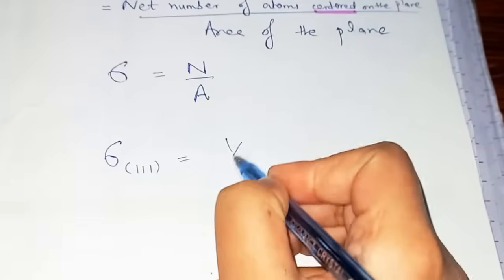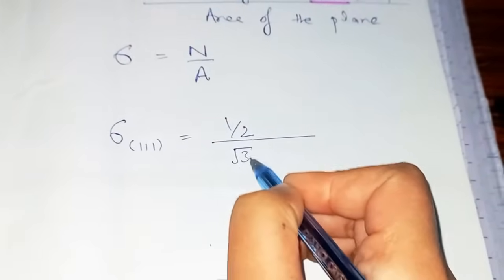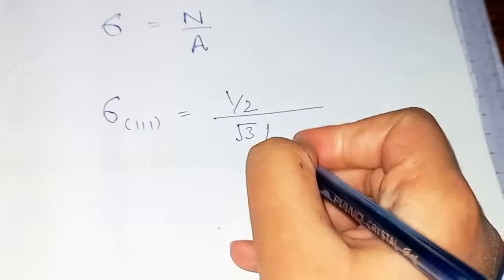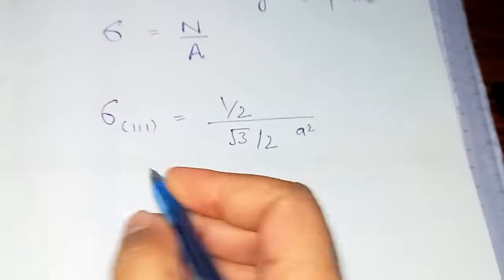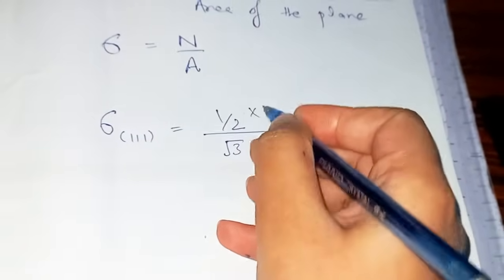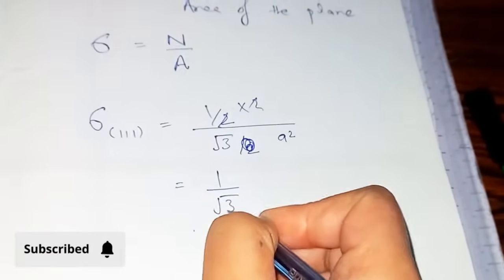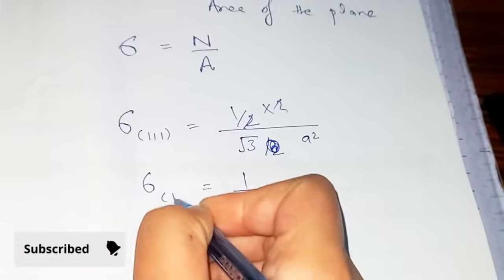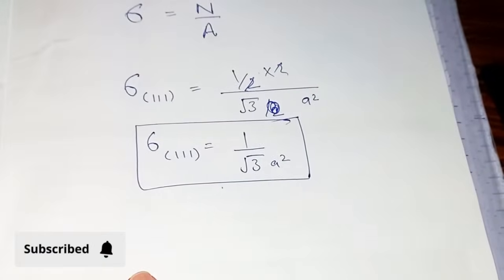In BCC it's 1/2 as the total number of atoms, divided by root 3 by 2, multiplied by a squared. So this 2 goes up, 2 and 2 cancel out. It's 1 over root 3 a squared as the planar density for the 111 plane in BCC.